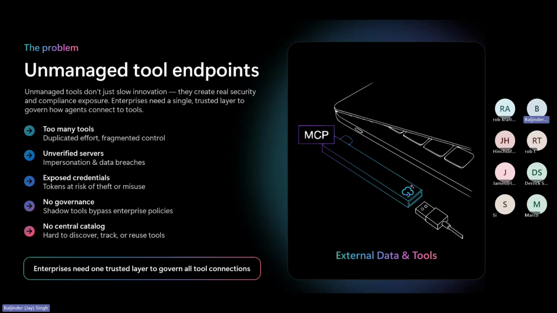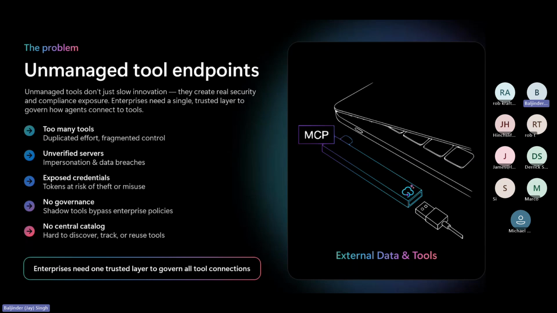The next one, most tool integrations today require API keys, tokens, or secrets. And if any of those leaks, it's not just a tool at risk, it's the entire backend system. So that's what you see here, the risk that comes under exposed credentials. And then agents can bypass enterprise policies entirely. Teams plug in new endpoints without security review, leaving security teams, compliance teams, and platform teams totally blind.